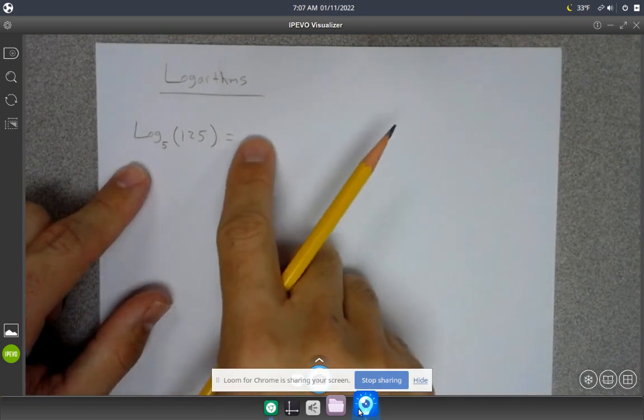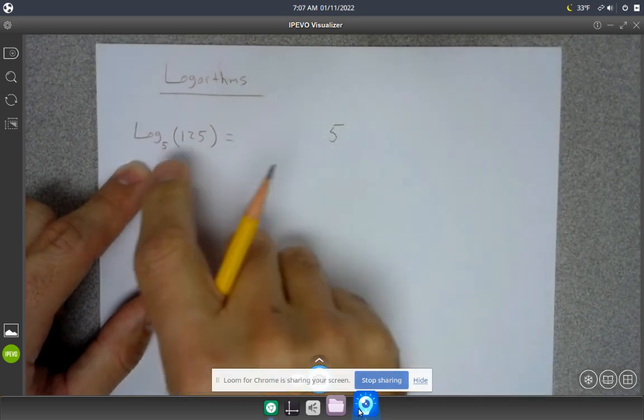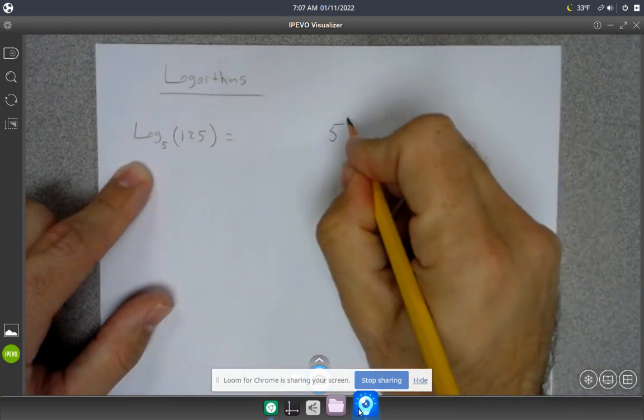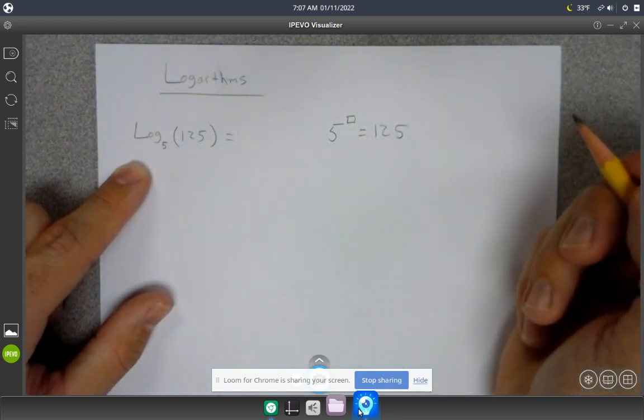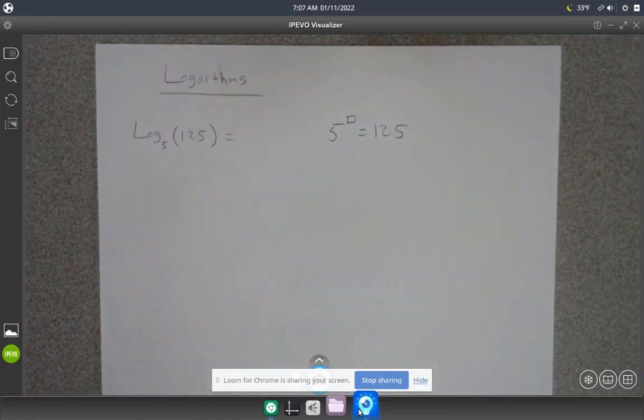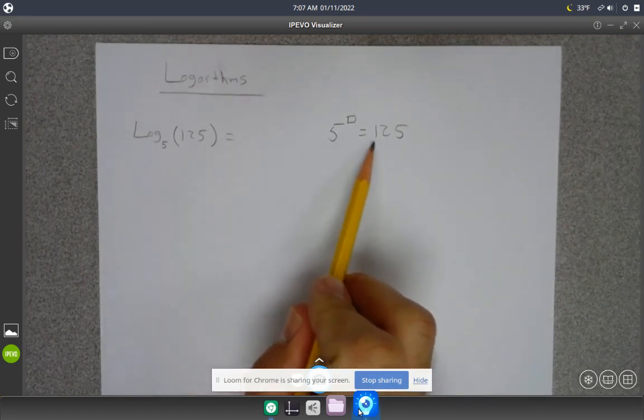To figure out what the answer to this is, I'm going to write 5, which is my base. 5 to what power equals 125? That's all a logarithm is, another way of writing a statement like this.